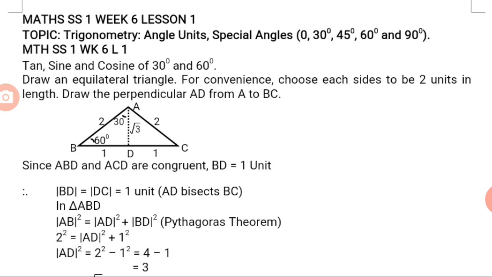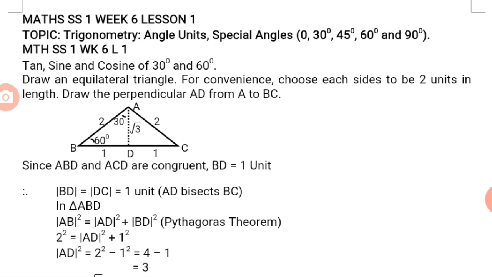Now, in triangle ABD, look at it very well. In triangle ABD, line AB square is equal to line AD square plus line BD square. That is from Pythagoras theorem. Are we together?